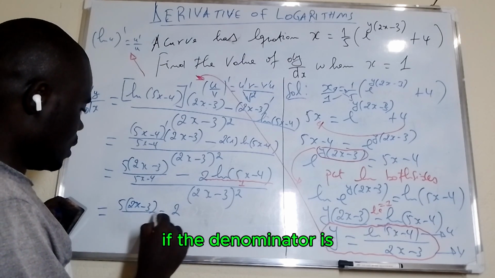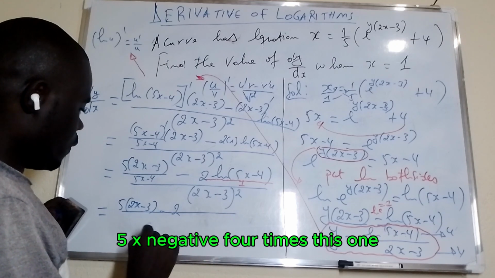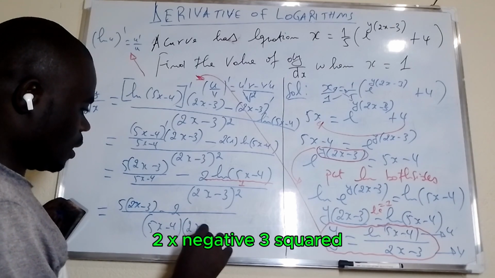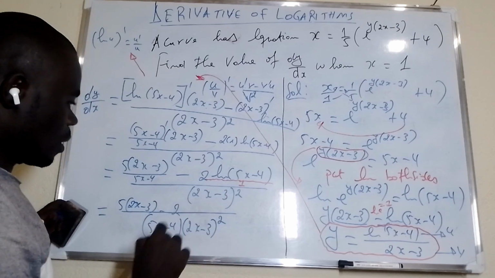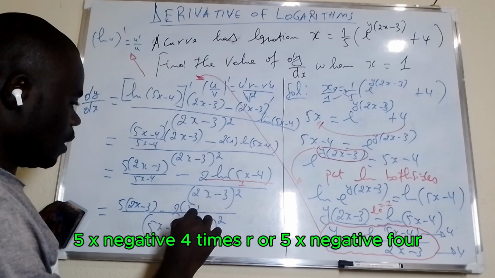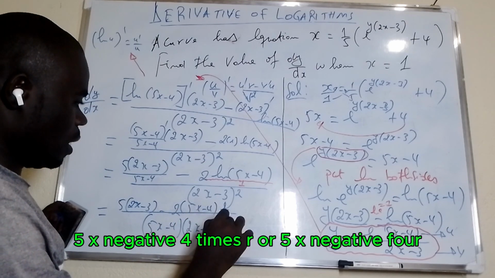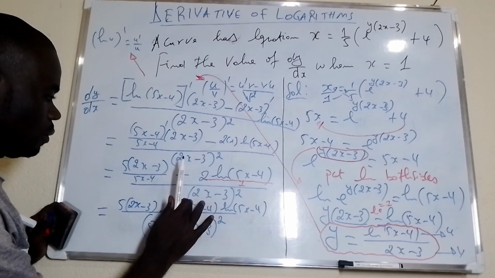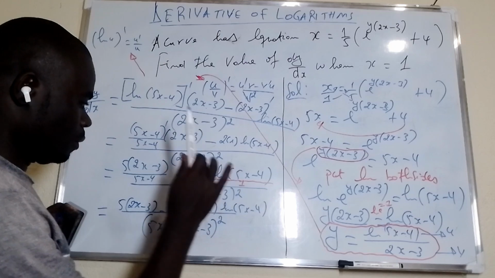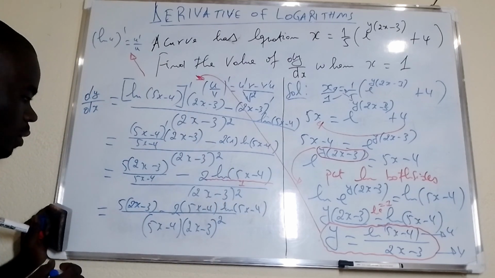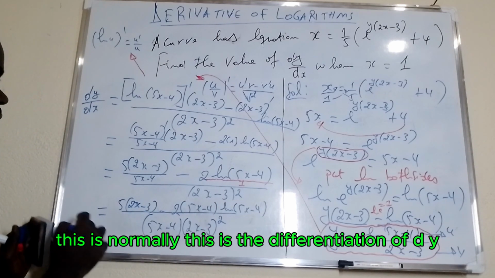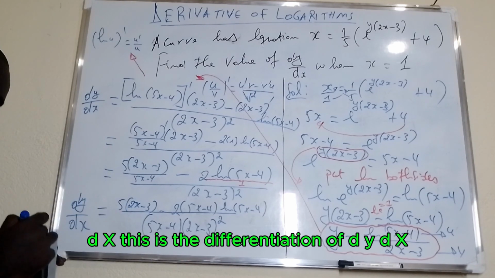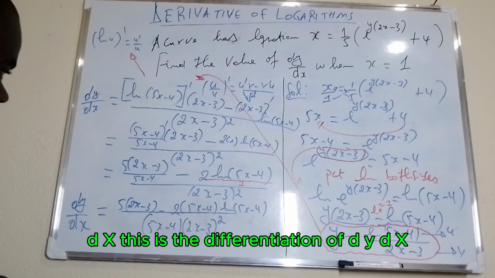If the denominator is (5x - 4) times this one, (2x - 3) squared, then it will be 2(5x - 4) ln(5x - 4). Normally this is the differentiation, dy/dx.